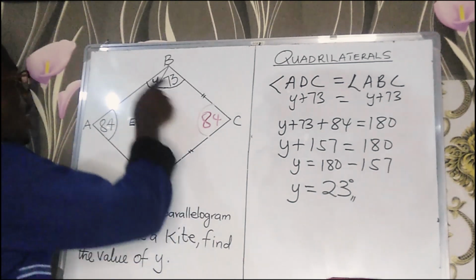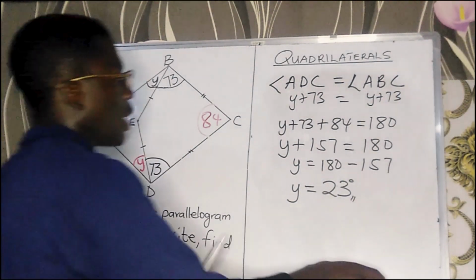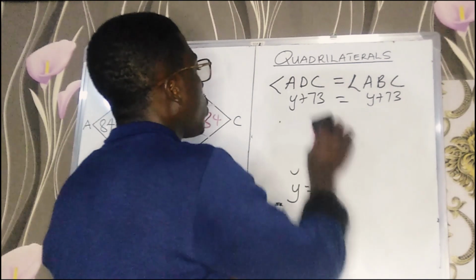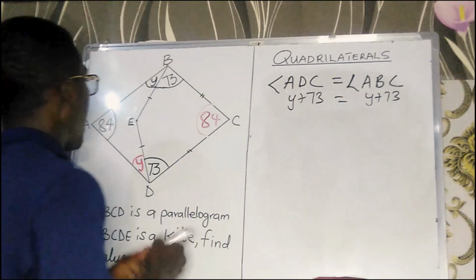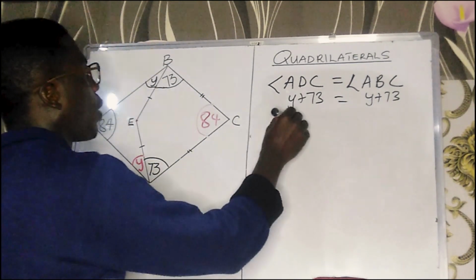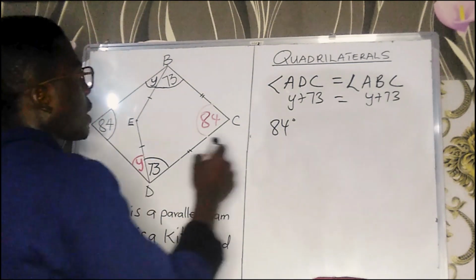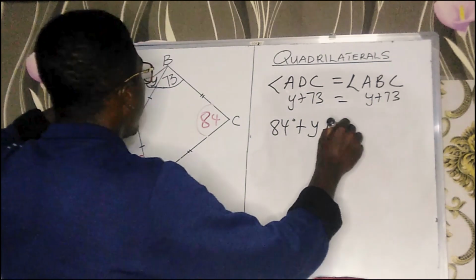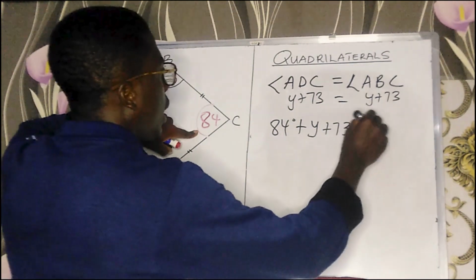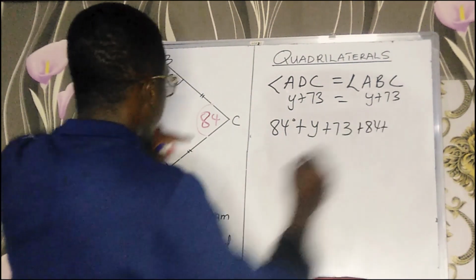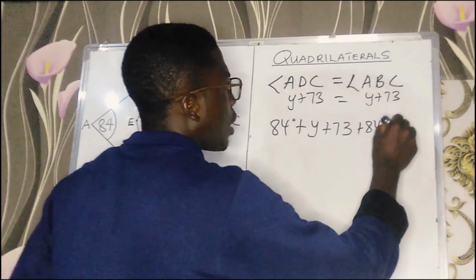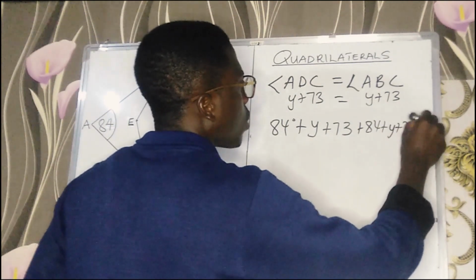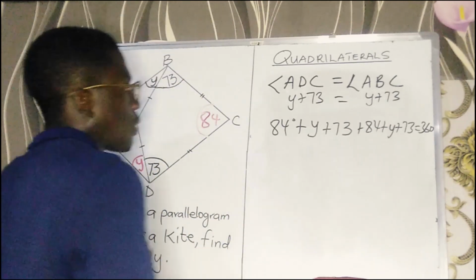So y is equal to 23 degrees. Or we can sum everything up to 360. So we could have 84 degrees plus y plus 73 plus 84 plus y plus 73 should be equal to 360.